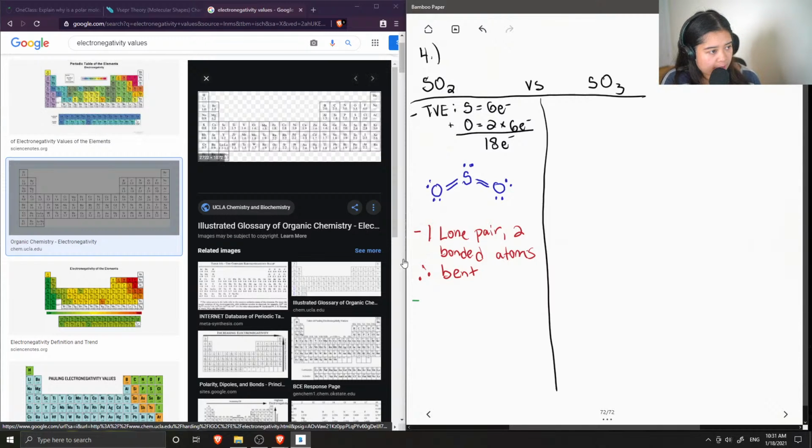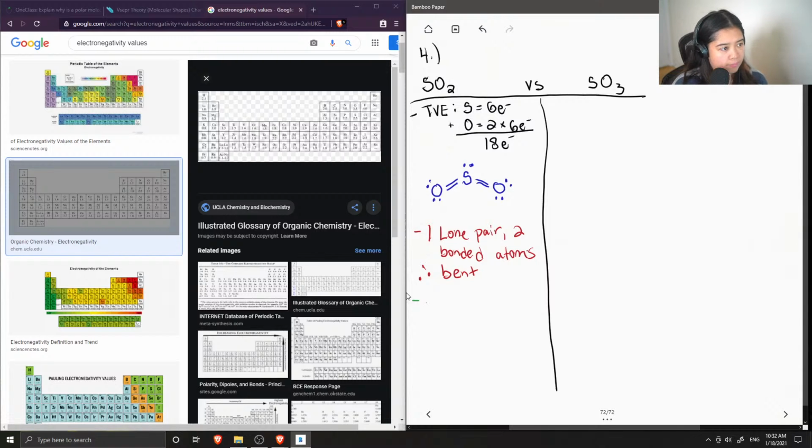So let's look at the electronegativity difference. Sulfur has an electronegativity of 2.5 and oxygen's is 3.5. So let's put 3.5 minus 2.5. So the electronegativity difference is 1.